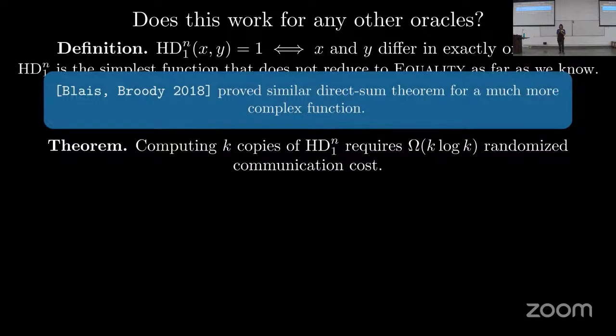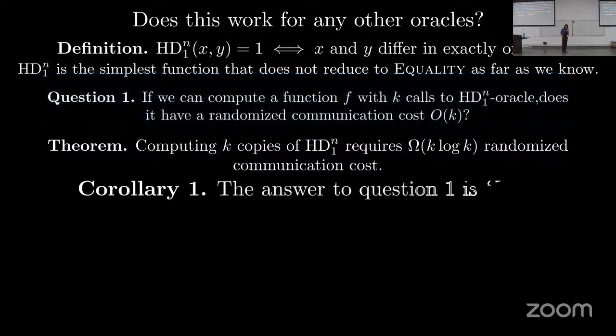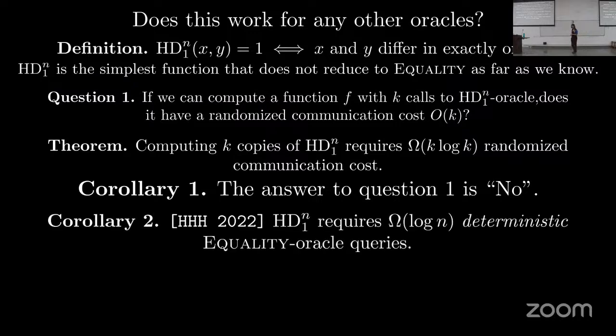For us, the more important corollary is that the answer to our question is no. The second, slightly more surprising corollary is that Hamming distance 1 requires log n many deterministic equality oracle calls.